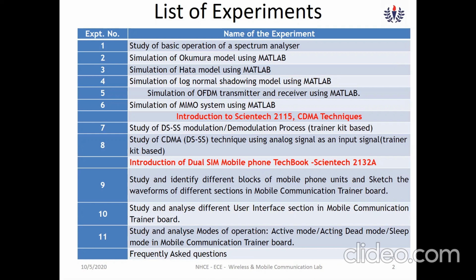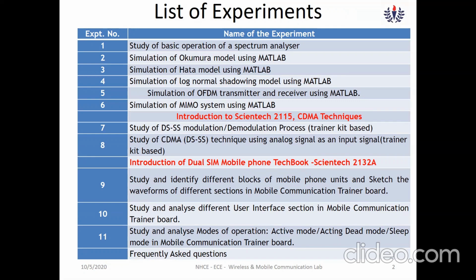You can practically see how the mobile handset is working, and you can understand the basic blocks using this trainer. So experiments 9, 10 and 11 are based on the mobile trainer kit, in which we are going to understand the functionality of a GSM based handset.